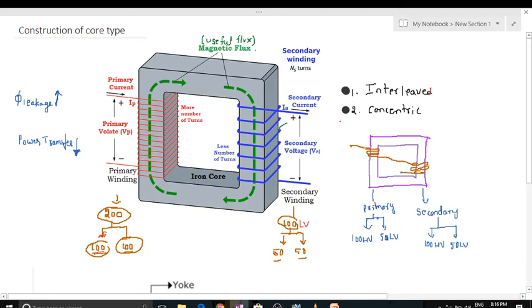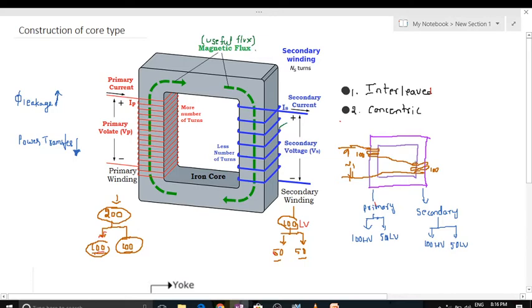The terminal can be taken as the primary side, and this is V1, the primary winding. So the total 200 turns, the total HV turns, are divided into two groups. The first group of 100 turns is placed on one limb, and the remaining 100 turns on the other limb.